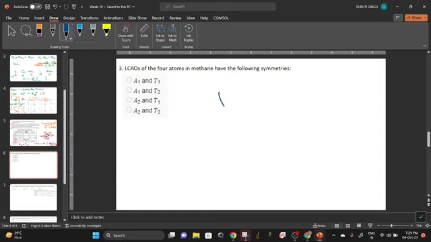We have to consider the hydrogen atoms, the pendant atoms. So this is H. Let me label them A, B, C and D. We are not considering the carbon here, because linear combinations are created using the side atoms, not the central atom.